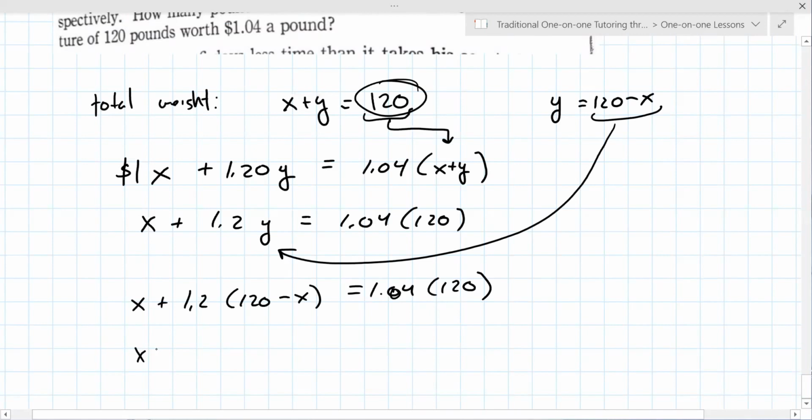So this is X plus, and then 1.2 times 120. You're not allowed to use a calculator. Is that really right? Yeah, that's correct. Okay, well, that's a separate skill, but we're not going to deal with that right now. And then 1.04 times 120 is 124.8.